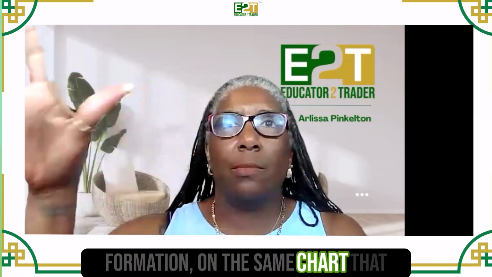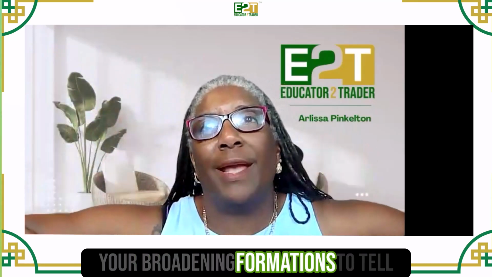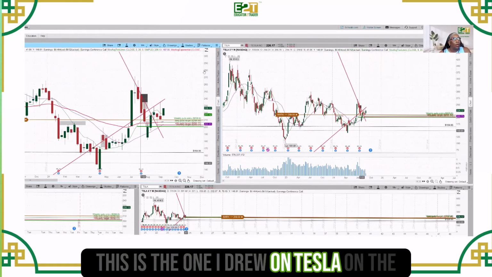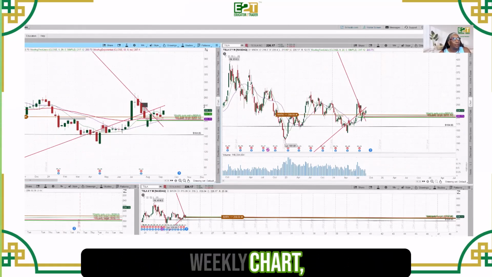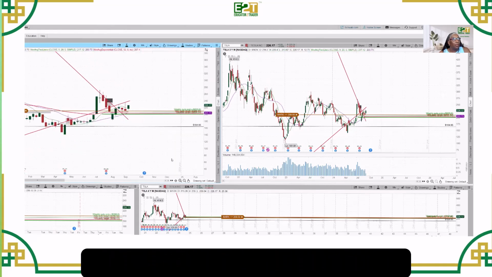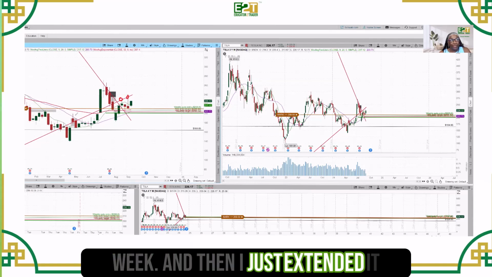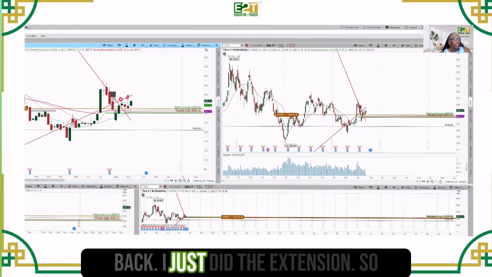On the same chart that you're putting your support and resistance, you're also looking for your broadening formations to tell you where price can go. This is the one I drew on Tesla on the weekly chart, right? And I drew this based on this candle, that's a weekly, and then I just extended it back.